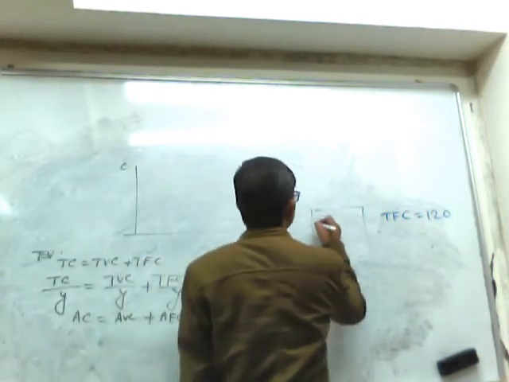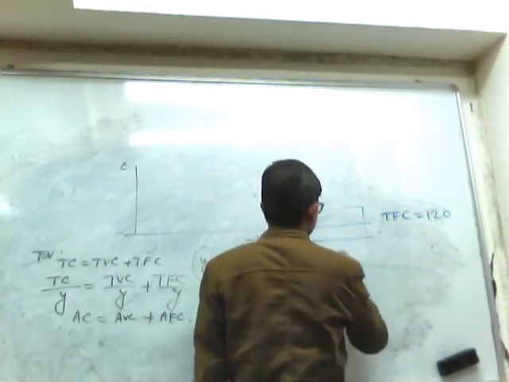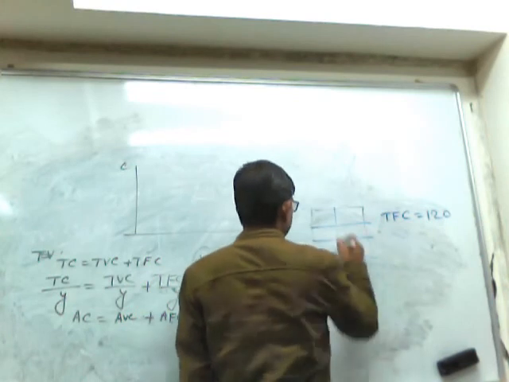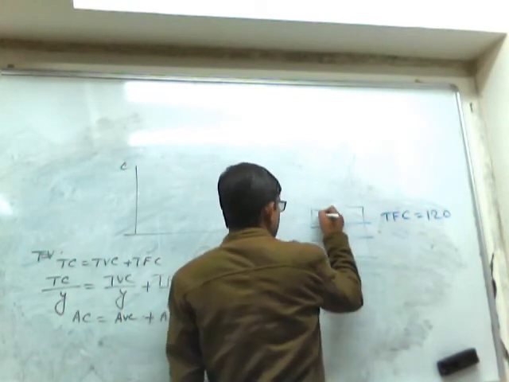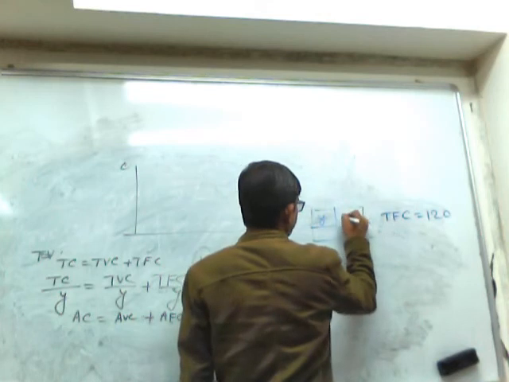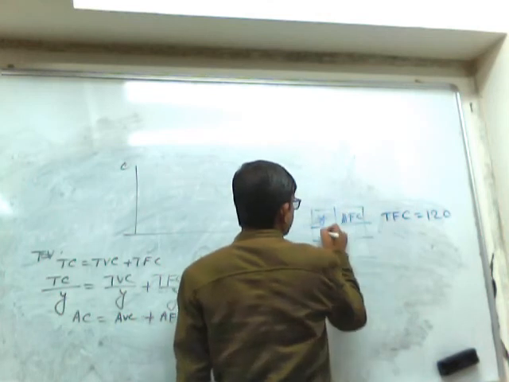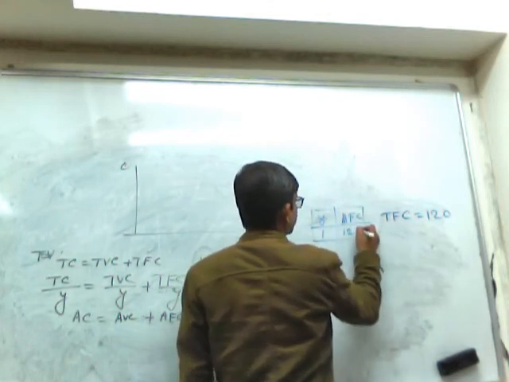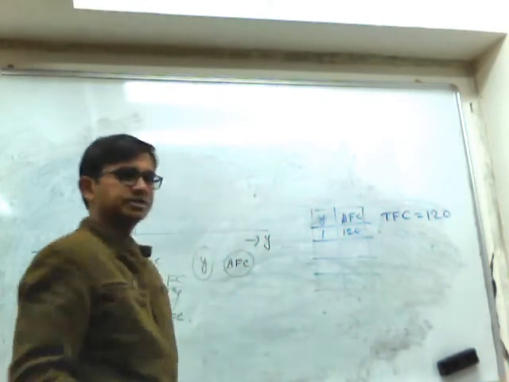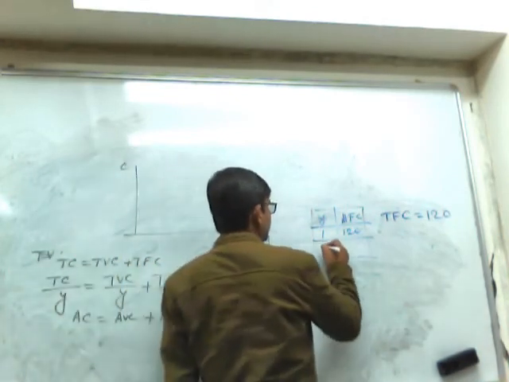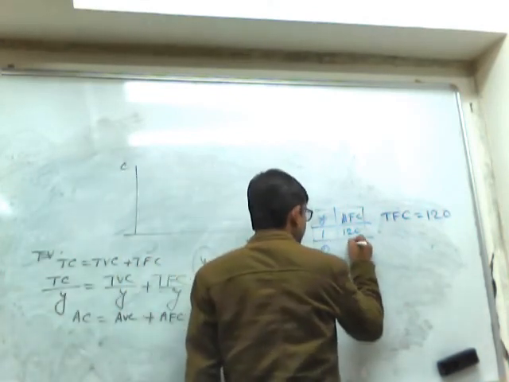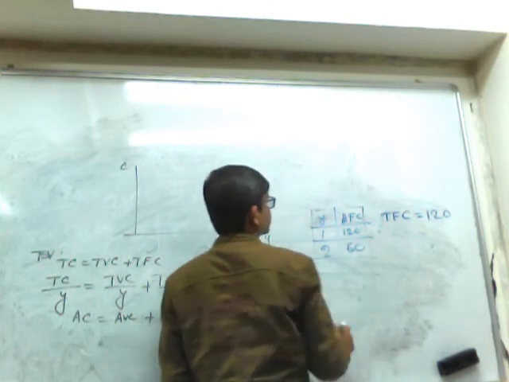So what do you see? If Y equals 1, AFC will be 120. If Y equals 2, AFC will be 60.